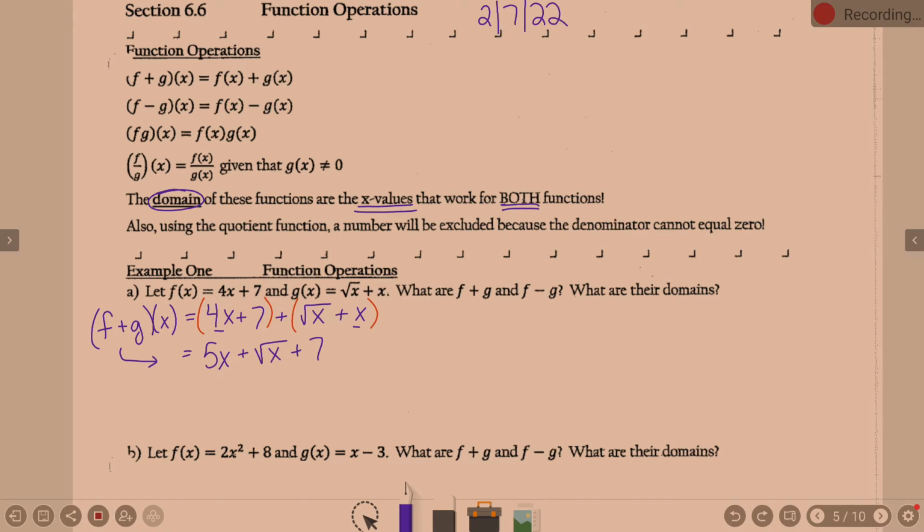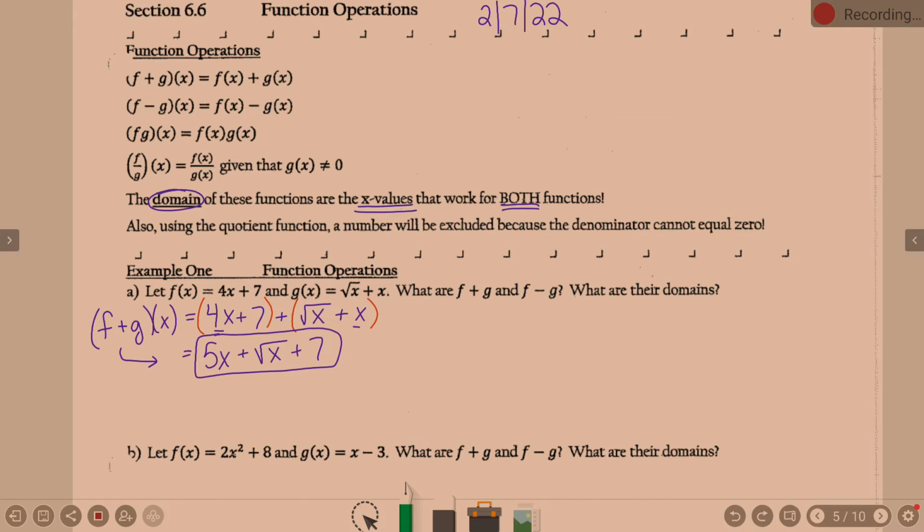So right here, this is what I would put as my answer for f plus g. There's no other simplifying you can do. So by adding our like terms, we've done all the simplifying we can. If there was simplifying, we'd have to. And yeah, you want to do all the simplifying you can, but there's not necessarily always a lot that you can do.